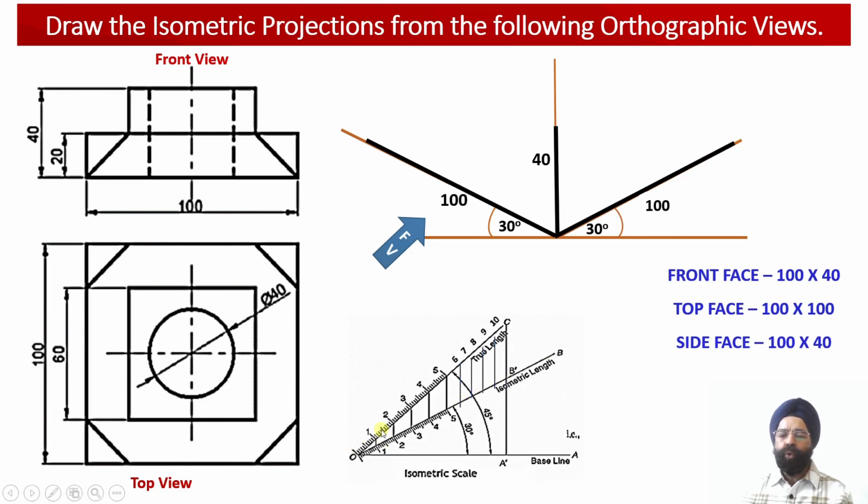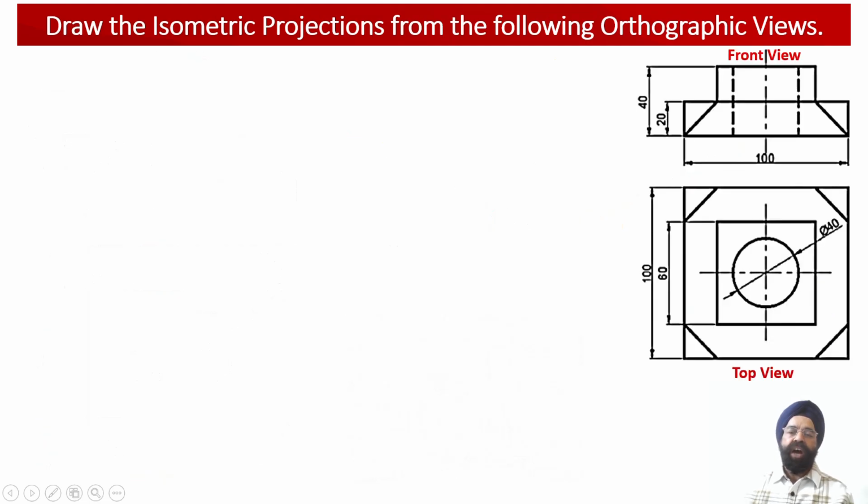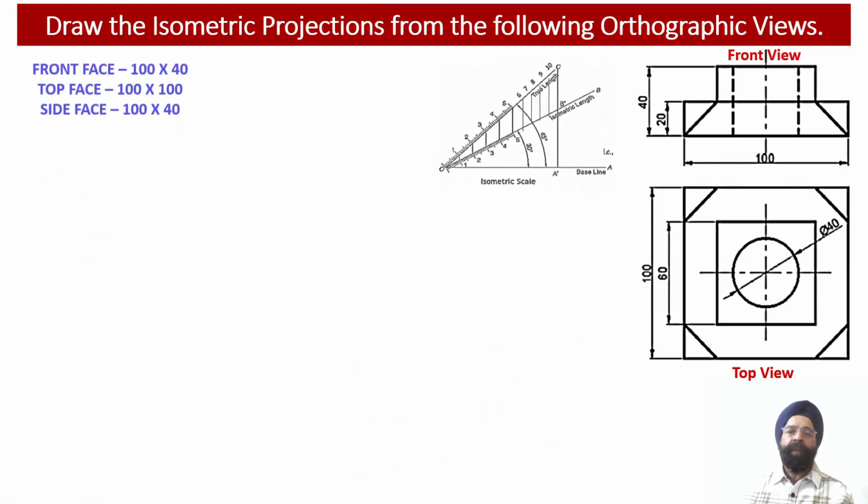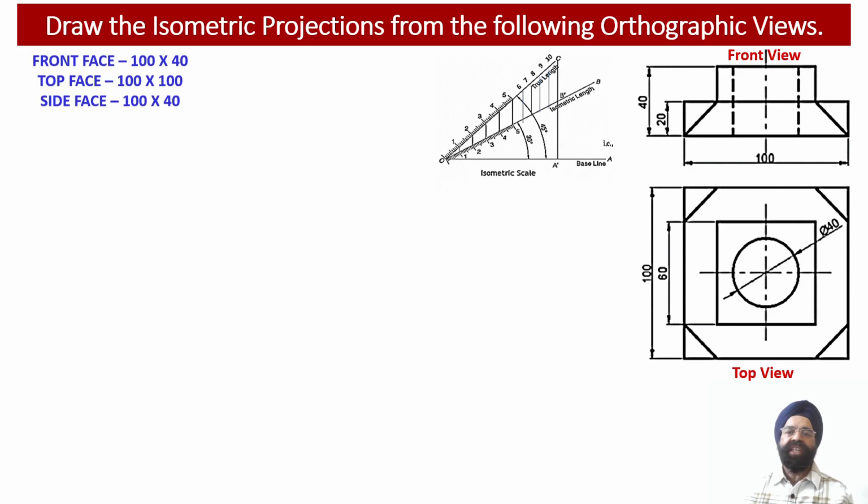So all the true length dimensions have to be plotted alongside this true length scale, and then using vertical projections from the true length scale onto the isometric length scale, we will be able to obtain the corresponding isometric lengths for the different dimensions available in the orthographic projections over here. Now let us proceed with evaluation of the isometric projection corresponding to this engineering object.